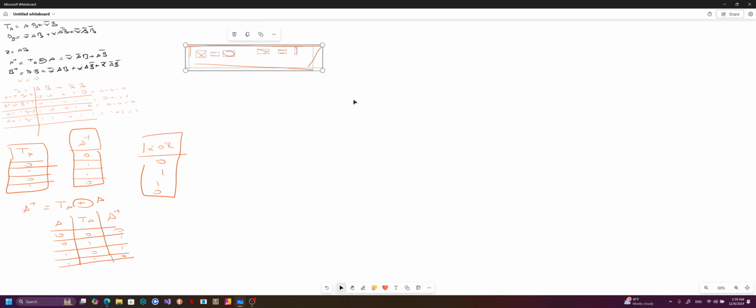Okay, let's delete this now. So this was the table for TA in the case of x being 0, right? And now we are going to be finding the TA value for x being 1.